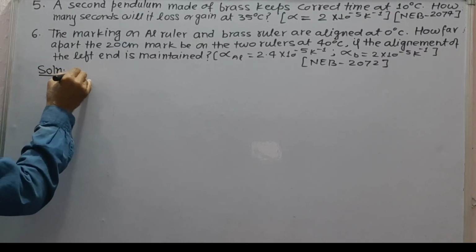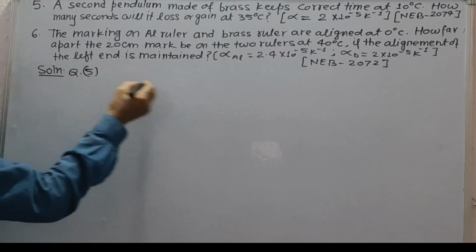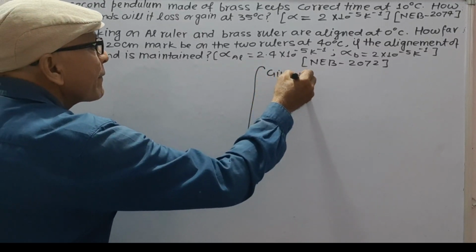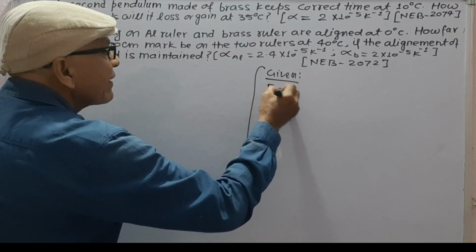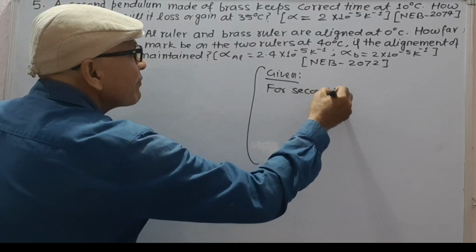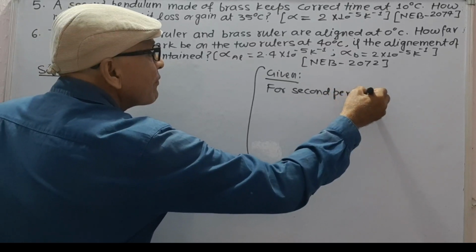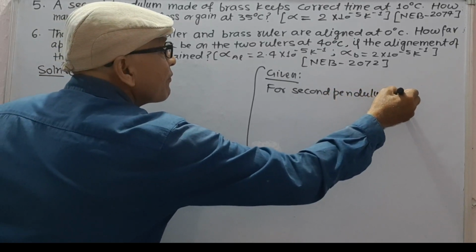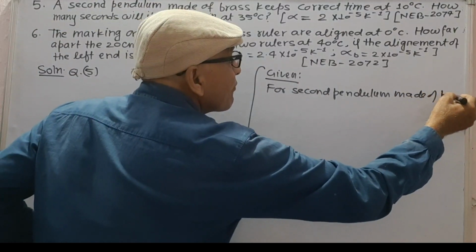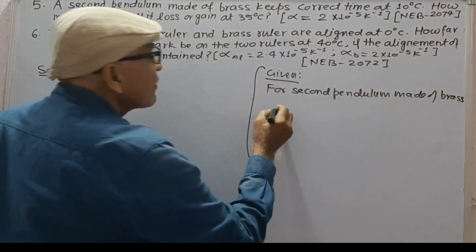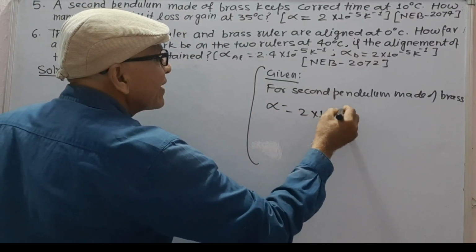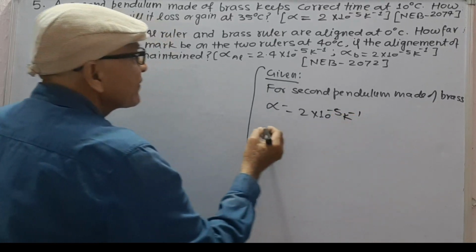Solution to question 5. Given for second pendulum made of brass, alpha is 2 into 10 to power minus 5 per Kelvin linear expansivity.